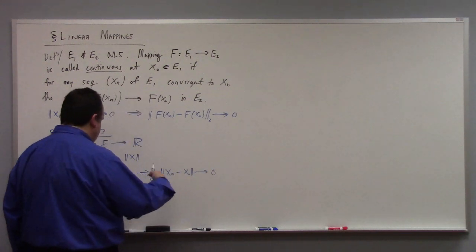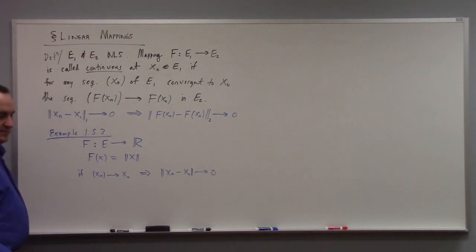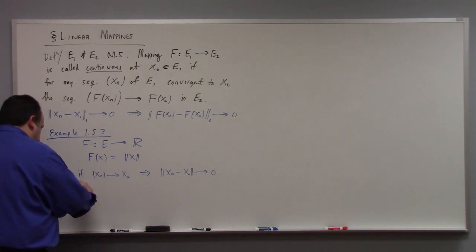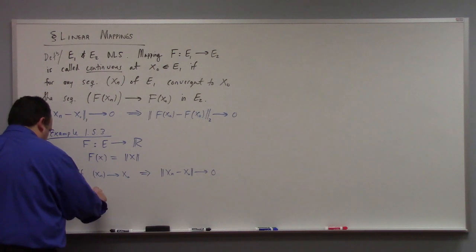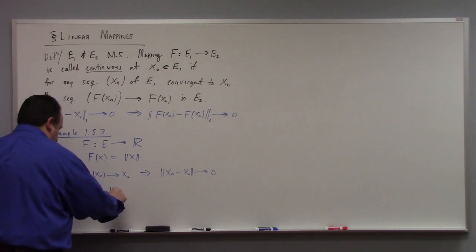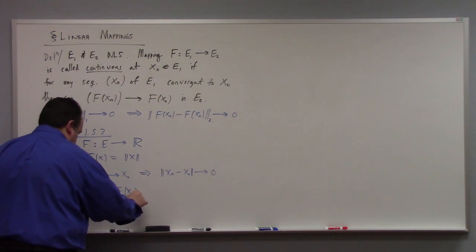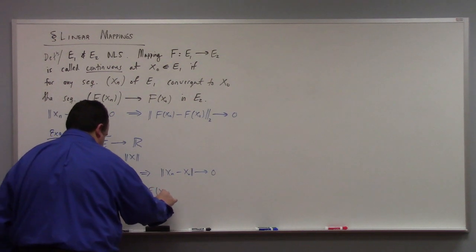That's what that means, right? And so we can consider the norm of f of xn minus f of x naught, and what's that give us?